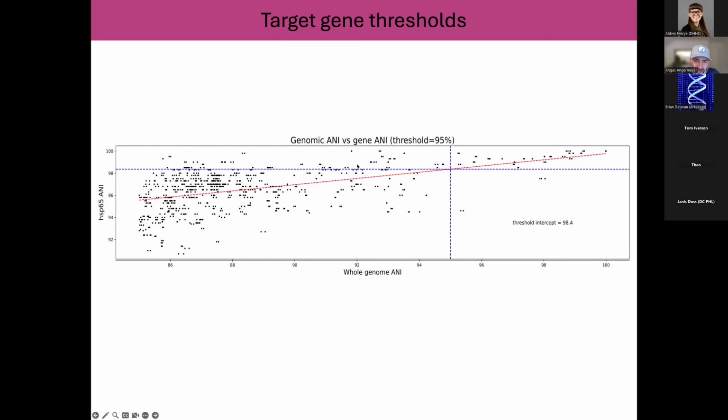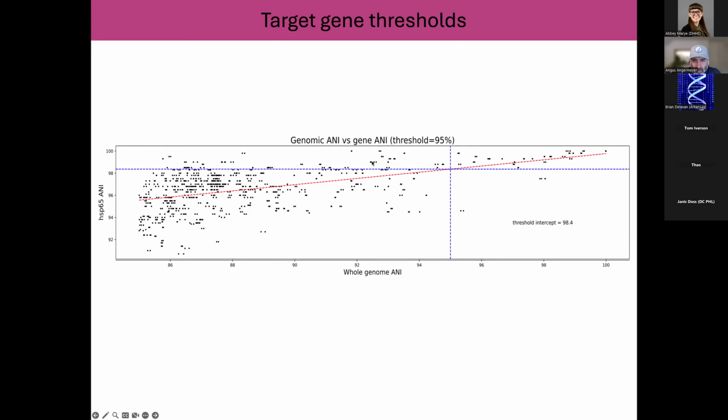But it did show me that there is this area, 95%, where the average HSP65 ANI is a little bit more stringent. Unfortunately, everything to the right of this vertical blue dash line here are valid species comparisons. All these points are pairwise comparisons that should be considered the same species, essentially.